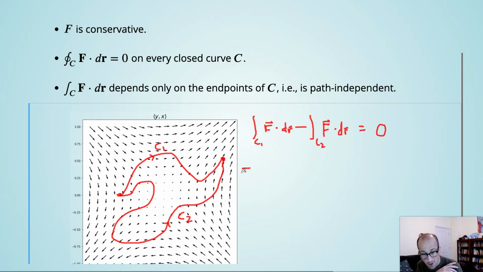So that's a way of saying that if I integrate around C1 of f, dropping the vector notations here, and then I integrate backwards on C2, and I'll just use the notation minus C2, and I just mean the path C2 in the opposite direction here. If I add those two together, I'm going to get 0.